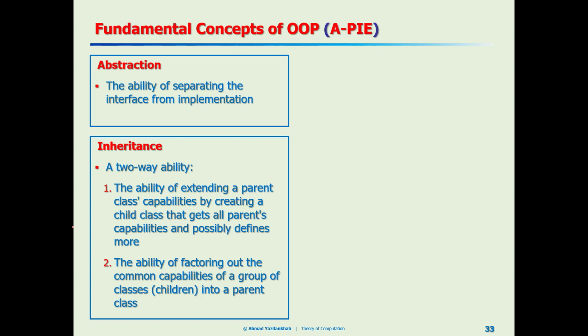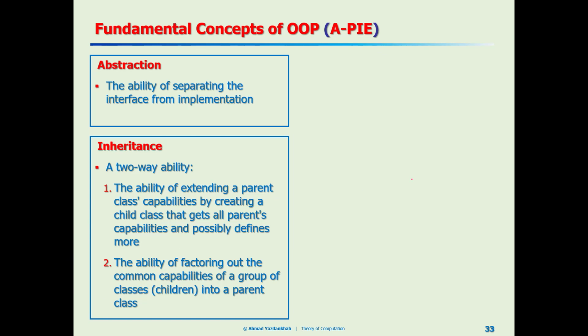And the second ability in inheritance is the other way around. It means that we have some similar children, and then we factor out all of the common things inside a parent class, right?